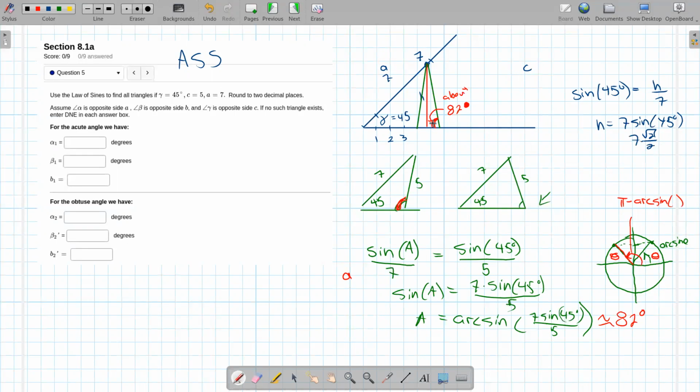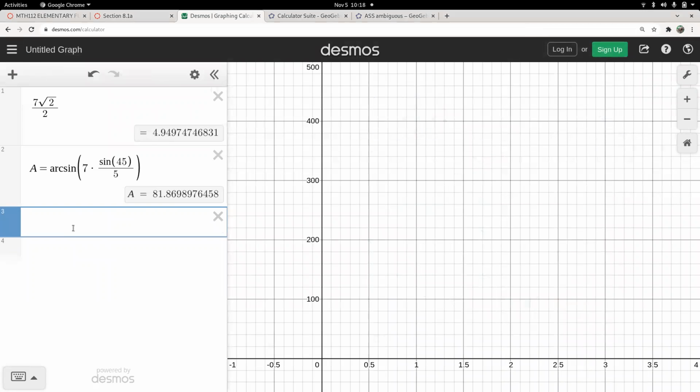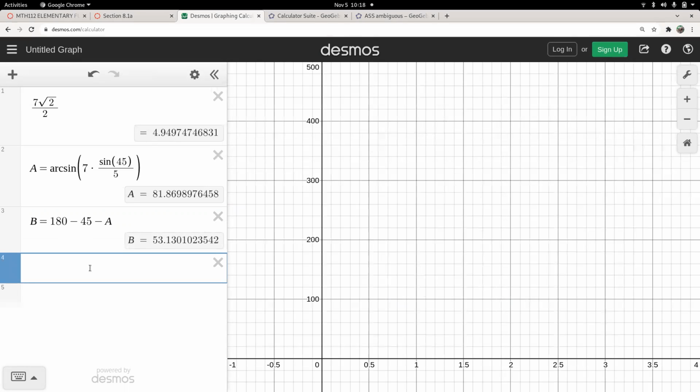And once I have that angle, I have the top angle. So if this angle right here is 82, then all I have to do is do 180 minus 82 minus 45. But again, we'll use a better value for angle A there. So now we know angle B. So angle B is equal to 180 minus the given 45 minus that new angle, which is the previous answer on your calculator, or if you're doing it like I am at Desmos, just type an A there, and I get 53 degrees about.